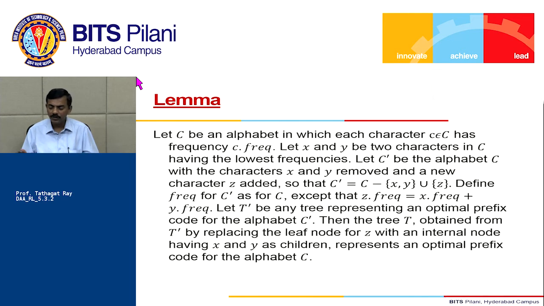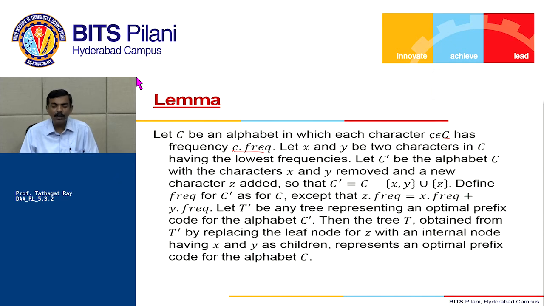The only thing now we need to show is the optimal substructure property. So how do we show it? Let C be an alphabet in which each character c belonging to C has frequency c.freq. Let x and y be two characters in C having the lowest frequencies.